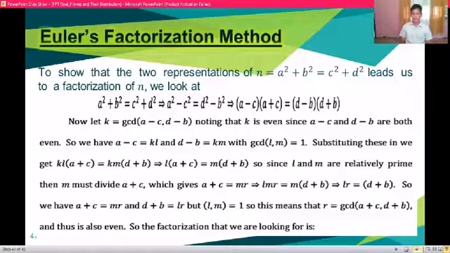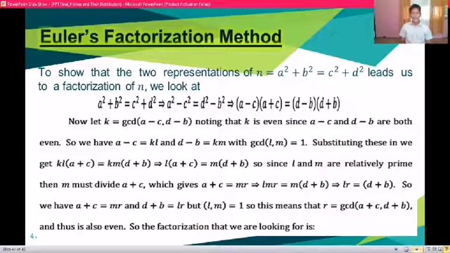Note that k is even since a minus c and d minus b are both even. So we have a minus c is equal to kl. Please take note of this because we will use this formula later. And d minus b is equal to km, with the GCD of l and m equal to 1.